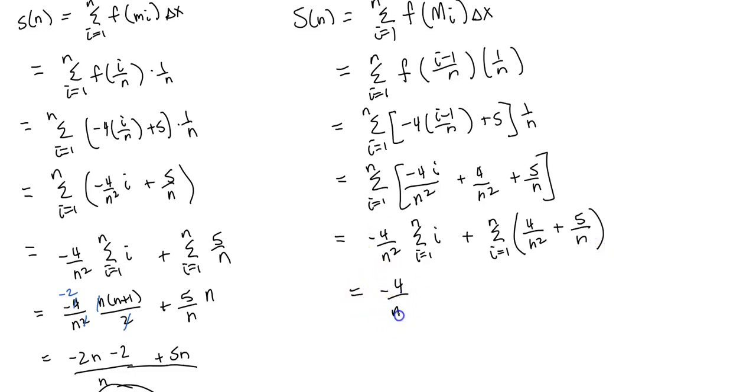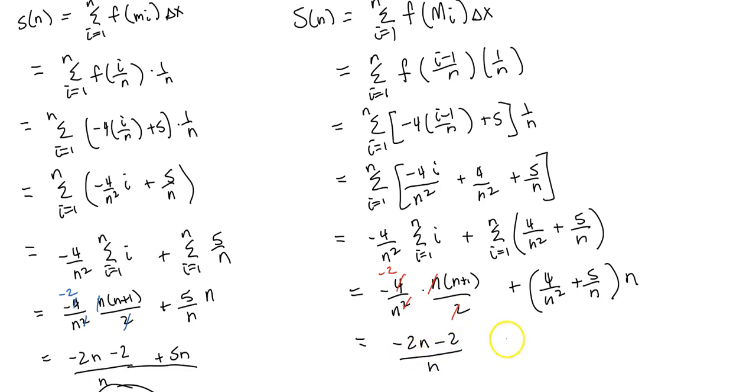So this would be negative 4 over n squared times n plus 1 over 2, plus 4 over n squared, plus 5 over n times n. Okay, so I'm going to cancel one of the n's here. I'm going to cancel the 2 here. So this will give me negative 2n minus 2 over n plus 4n over n squared plus 5n over n.